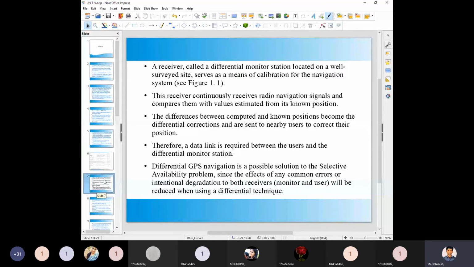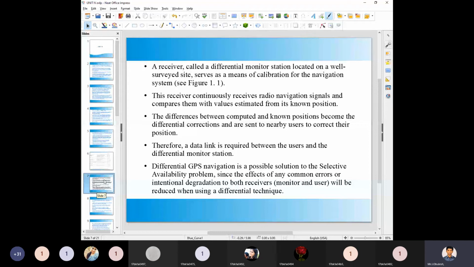Differential GPS navigation is a possible solution to the selective availability problem.